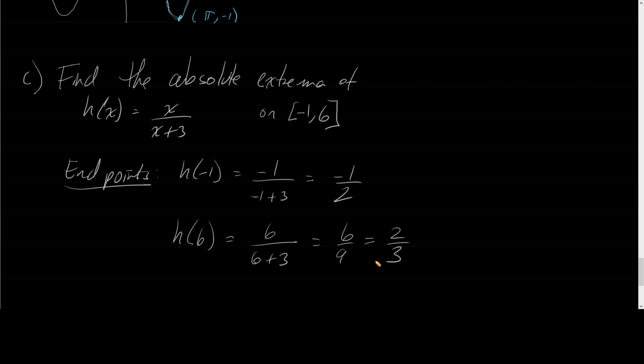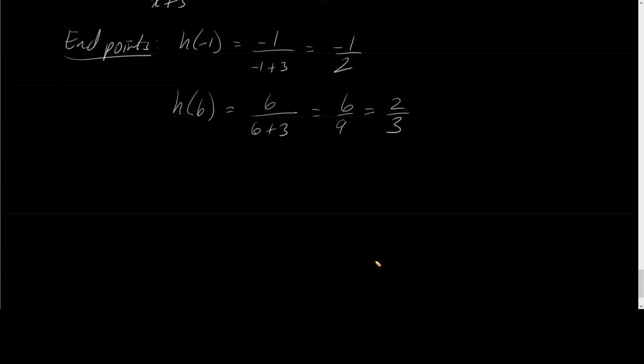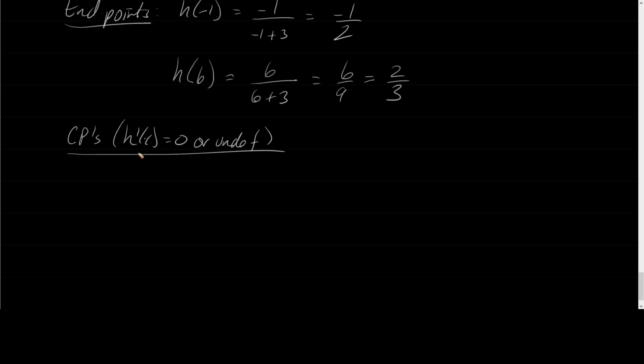The other contenders that we said might exist would be on the critical points. So let's find critical points. And again, the critical points are where the derivative equals 0 or is undefined. In this case, my function is called h. So let's figure out what the derivative is. I need h prime of x.